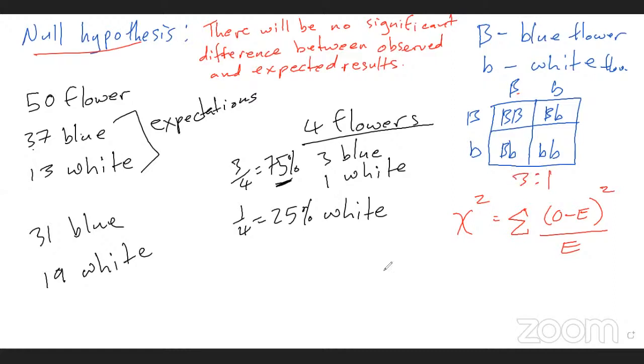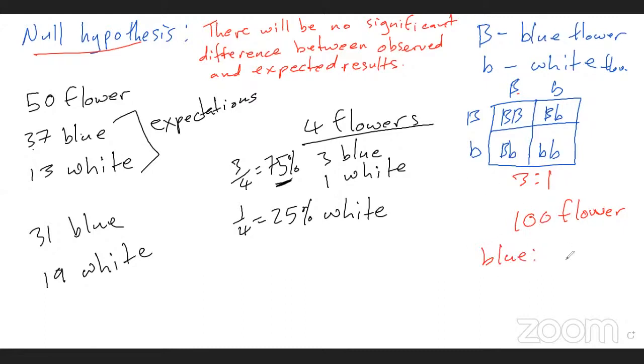Now, what you're going to do is apply this ratio to a particular number you get. I told you it was 100 flowers, right? So if you get 100 offsprings, of the 100, how many will be blue? 75.